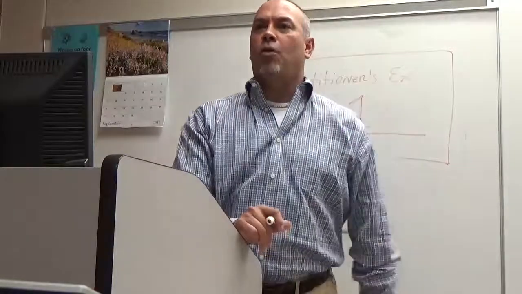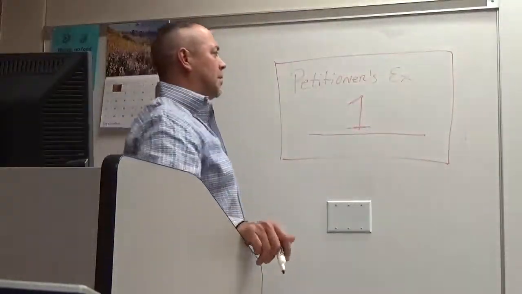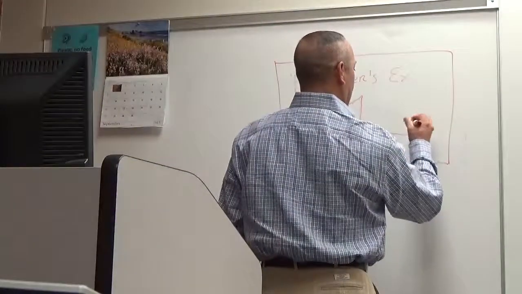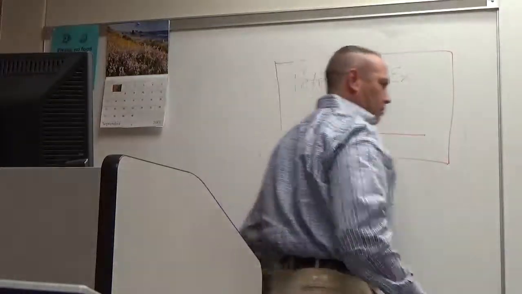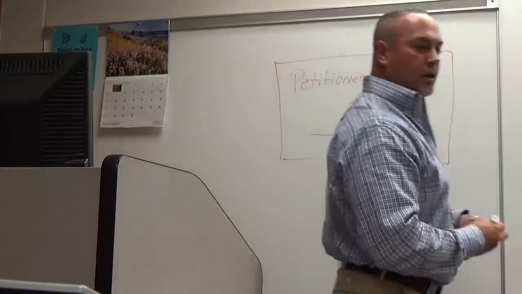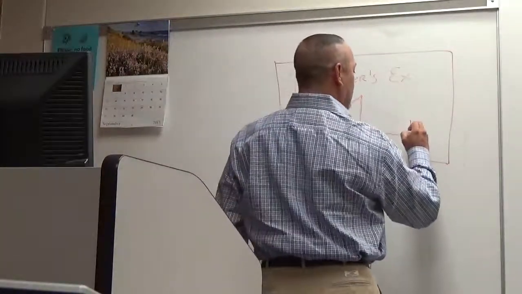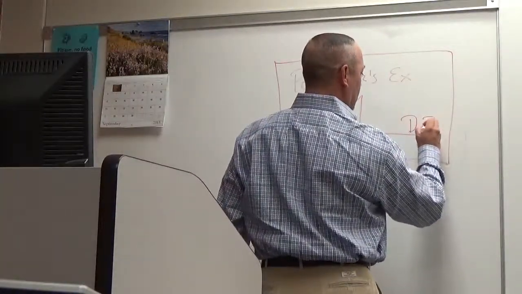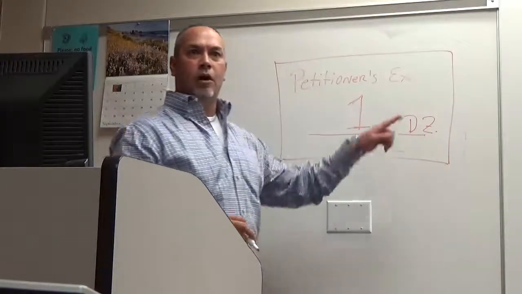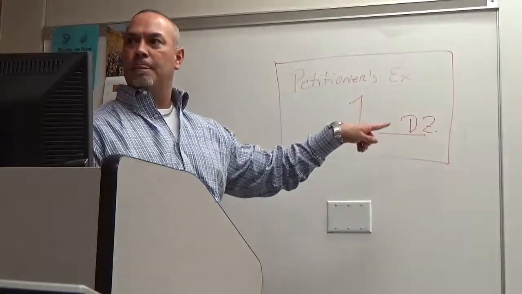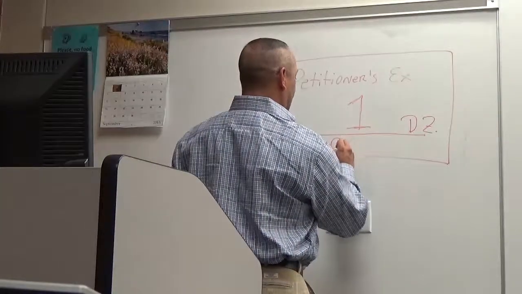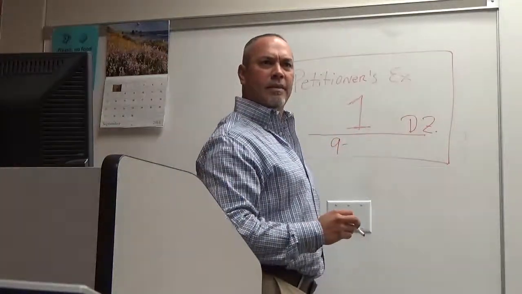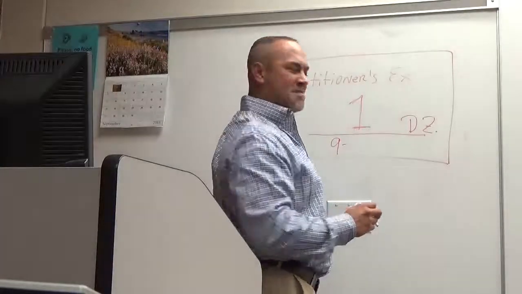I want this marked as petitioner's exhibit number 1. So what you do is you put your initials on the side. Can you see? And then you put the date. So it's 9, what's the date? 8? At 7. 7?